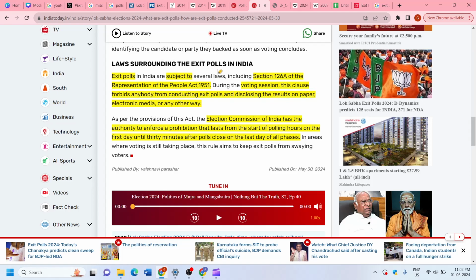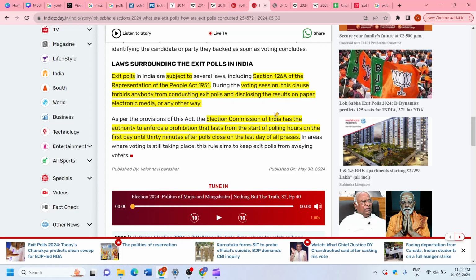Now, exit polls in India are subject to several laws, including Section 126A of the Representation of the People Act 1951. In a voting session, this clause forbids anybody from conducting exit polls and disclosing the results on paper, electronic media, or any other way.